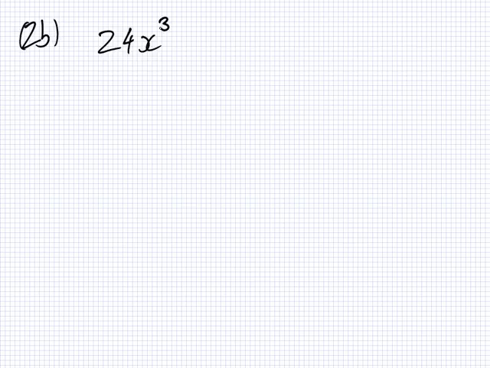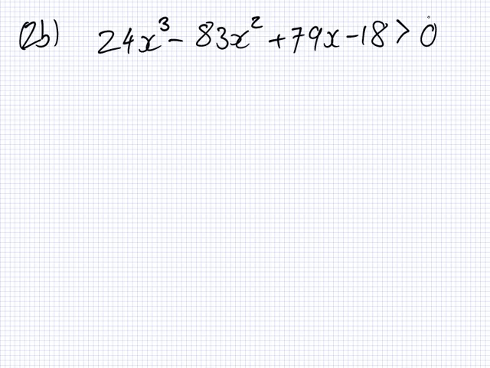24x cubed minus 83x squared plus 79x minus 18 greater than 0. Did this have a root easy to find? And what was it? The three roots?